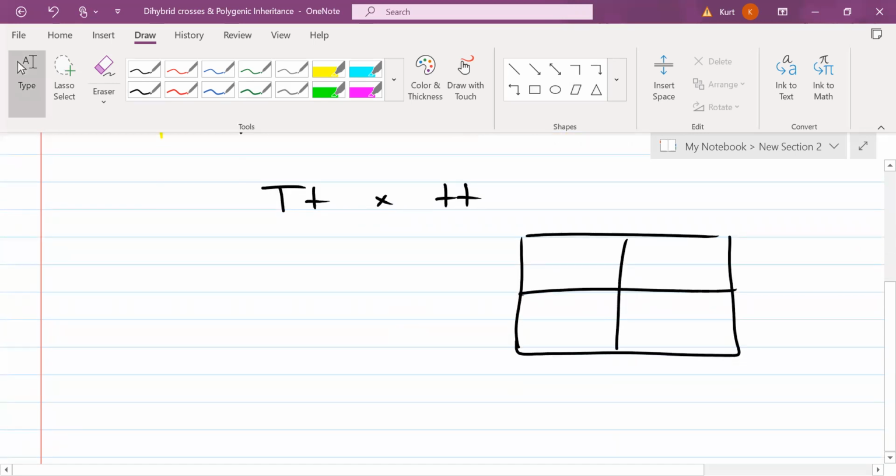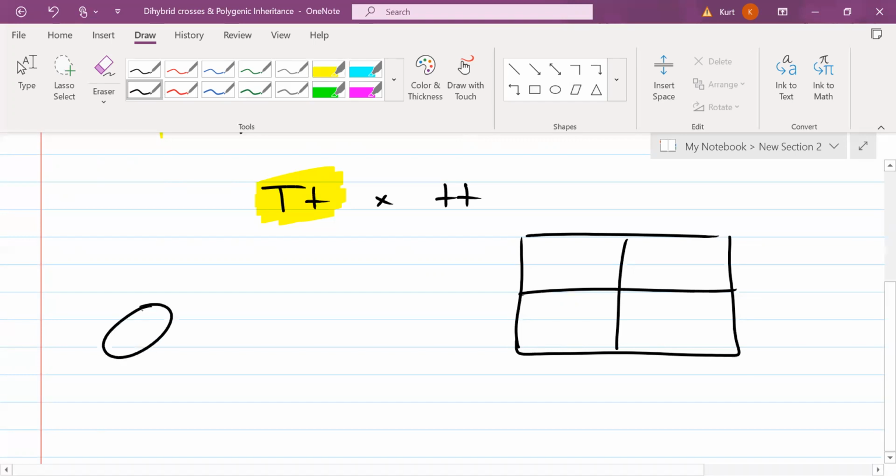Now before you do that, I want you to take a look at this heterozygous parent. Let's say that's the male. How many different types of sperm cells can it make? What do I mean by that? How many different forms of the height gene can it make? 2.